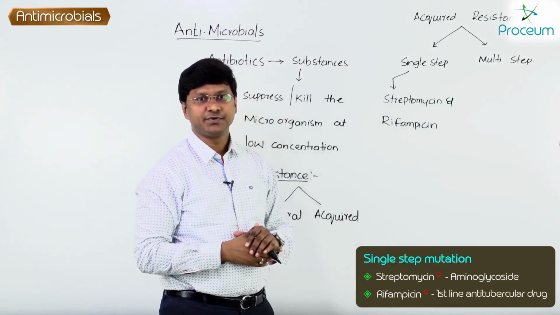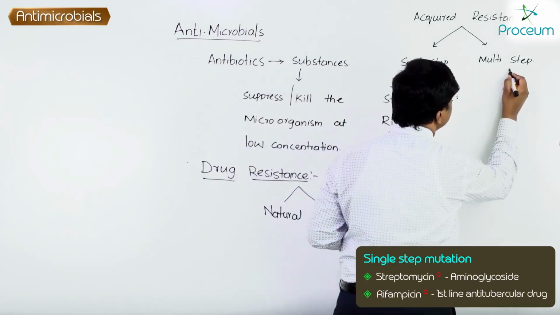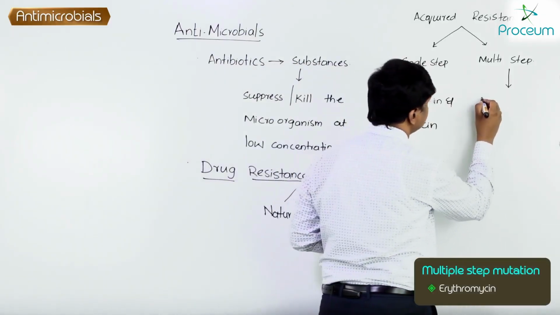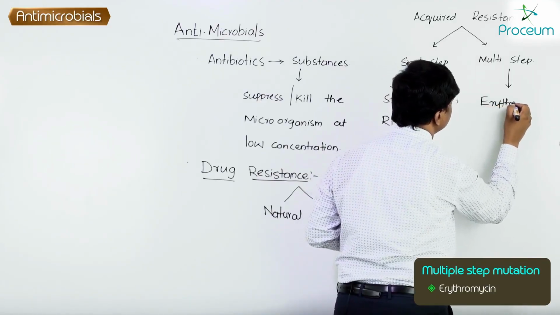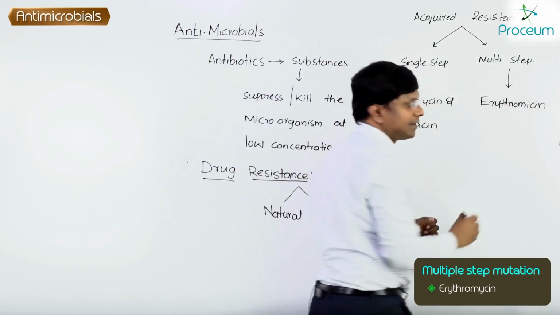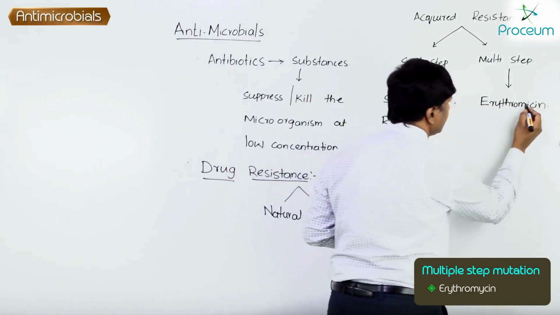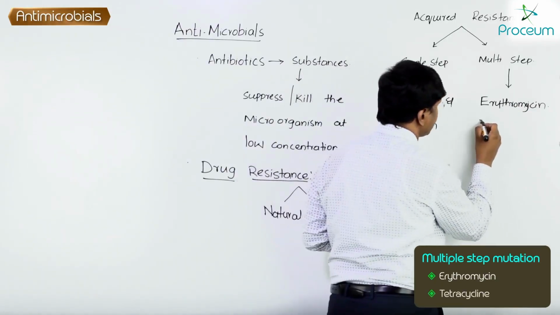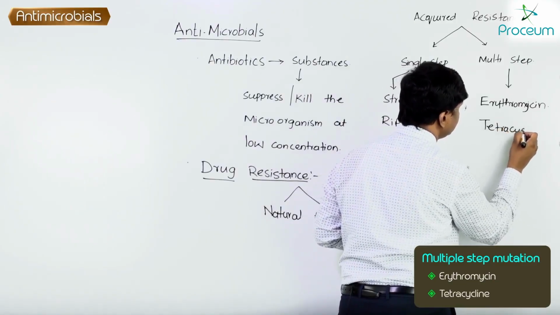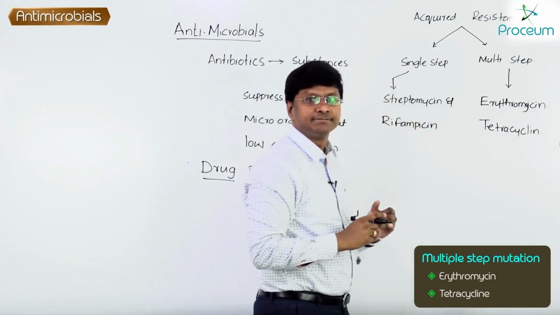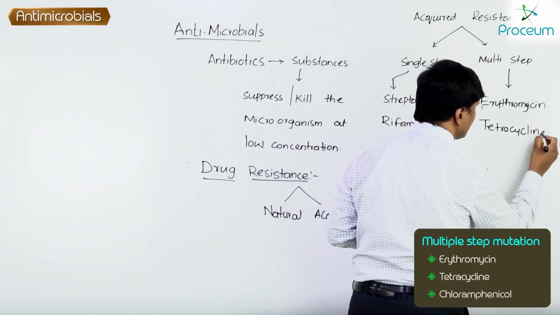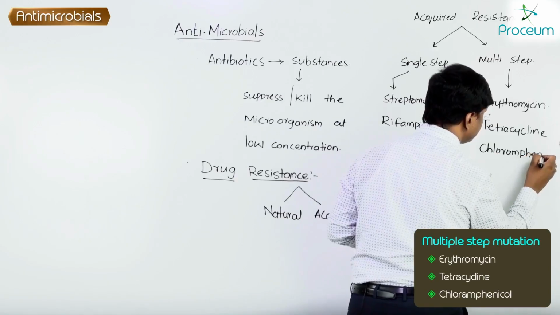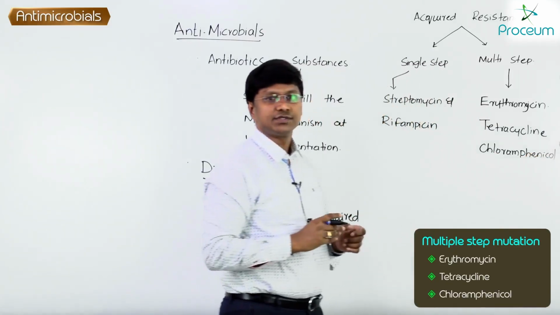Now the multi-step mutation. Multi-step mutation is seen with antibiotics like erythromycin, and apart from erythromycin, it is also seen with tetracycline, and the other antibiotic is chloramphenicol.